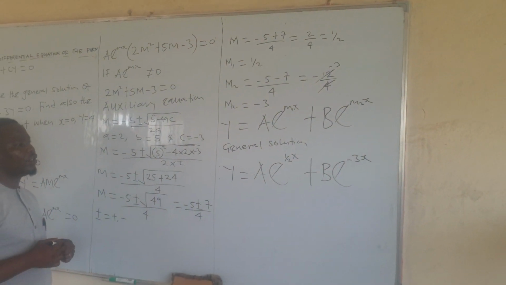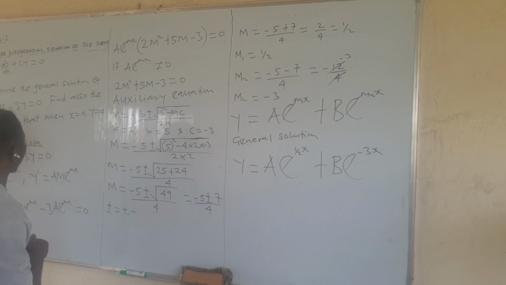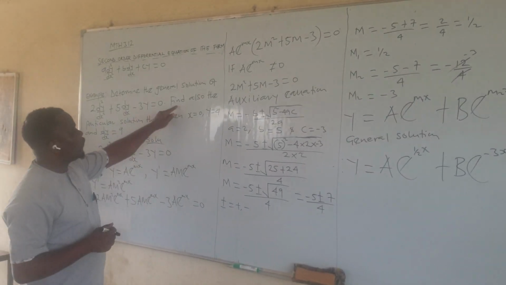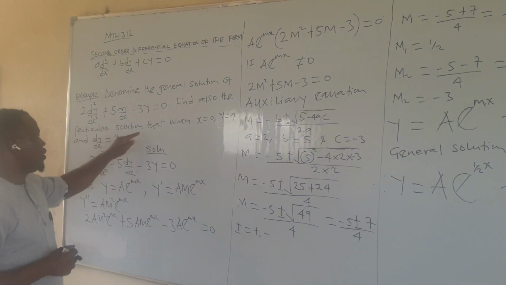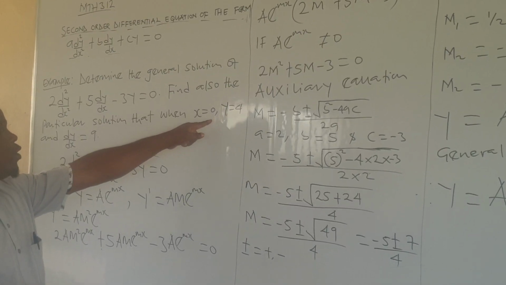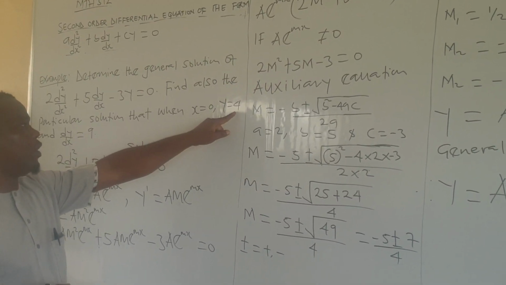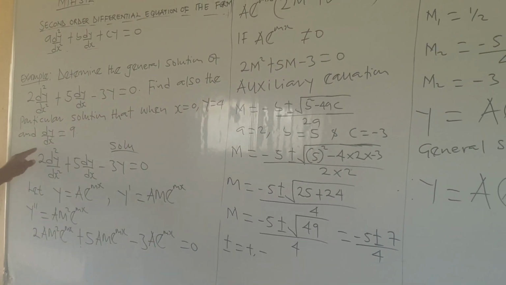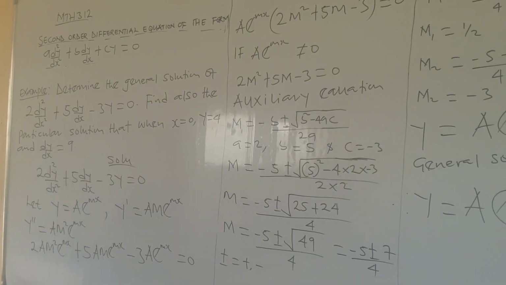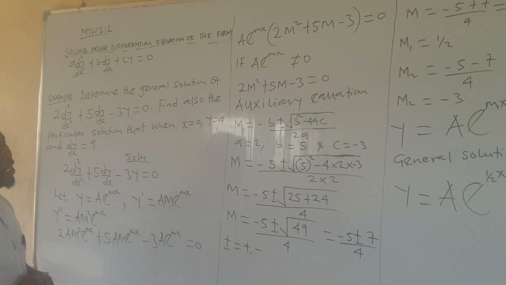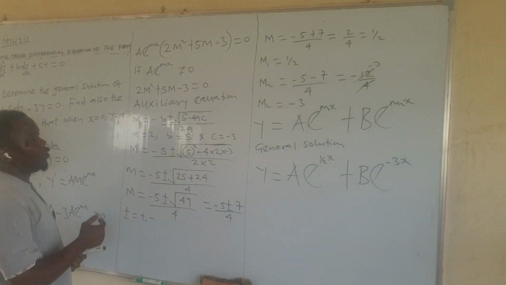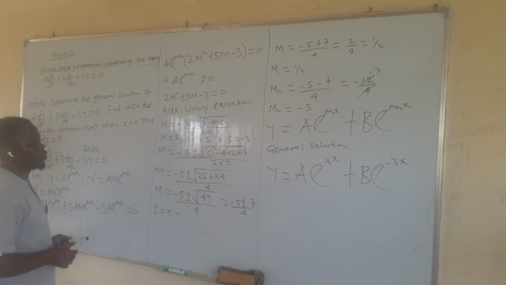Is that clear? Now, the question says, find also the particular solution when x equals 0, y equals 4 and dy over dx is equal to 9. How can we obtain our particular solution?